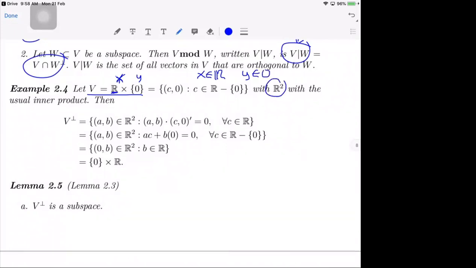Unsa ni siya? This is tanang X na R, tanang Y 0. This is just your X-axis. Are you with me? Yes, ma'am. Okay? This is just your X-axis.